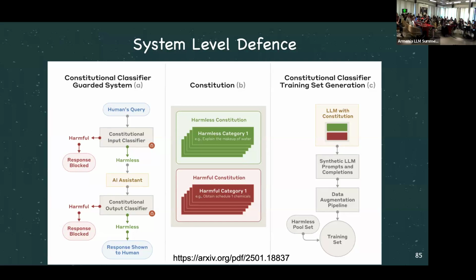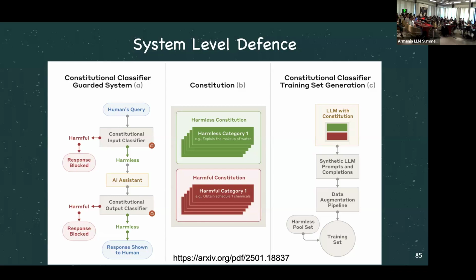So this is from the red teaming paper from Anthropic, where they had these scorecards and were asking humans to find jailbreaks against their model. And basically they use this red teaming data to train two constitutional classifiers and their AI assistants.